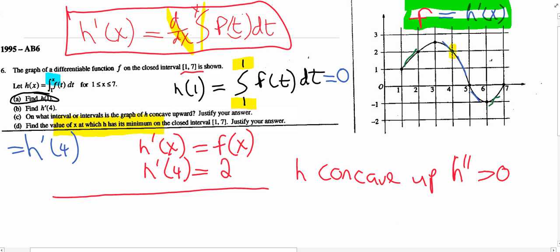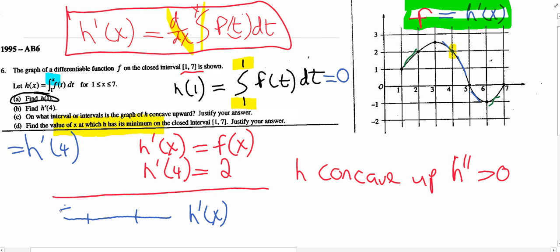So let's see if we can make some sense out of that. Let me go grab a pen here. We're going to look at a sign chart here for the first derivative, and we're looking at h, and I keep writing f, I'm sorry. So we have h of x, the derivative, which is f of x, right?